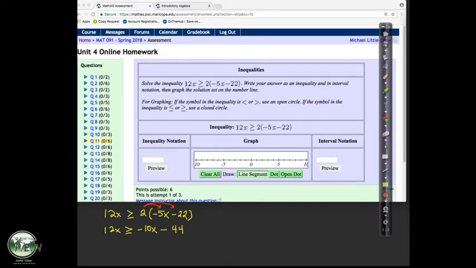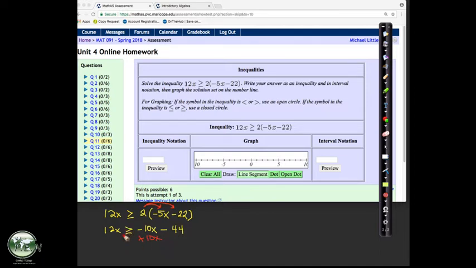So what am I doing here? Oh, shoot, I'm on the wrong screen. Use a red. What we're going to do first, some people say let's add 44 to both sides, but let's get the x's together first so that we know which way to go. So we add 10x.